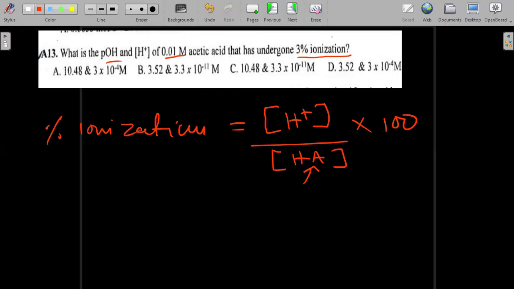So this is the formula for percent ionization. Here we've been given the percent ionization, so we can use it to find the concentration of H plus first. Once we have the concentration of H plus, we can find the pH, and then from the pH we can find the pOH.